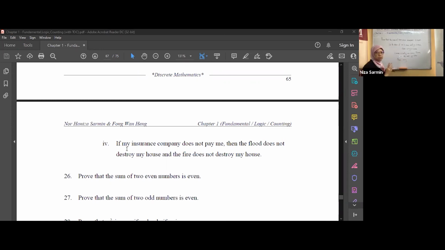If you want to see me bigger, you can move the sharing to the left and make my side bigger. Then you can see me bigger. So this is 2k1 plus 2k2 is 2(k1 plus k2), which is 2m, call it m, right? So thus x plus y is even. So the sum is even.